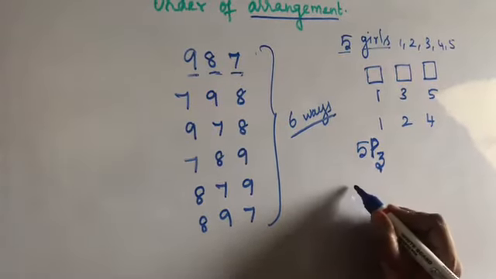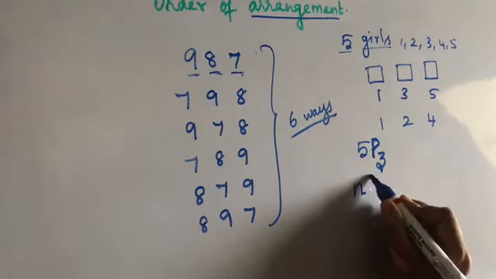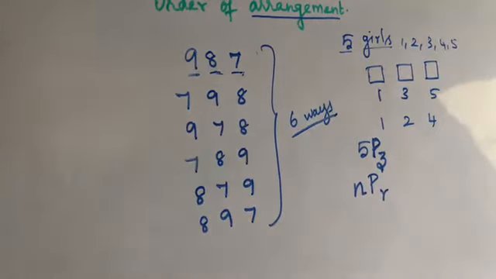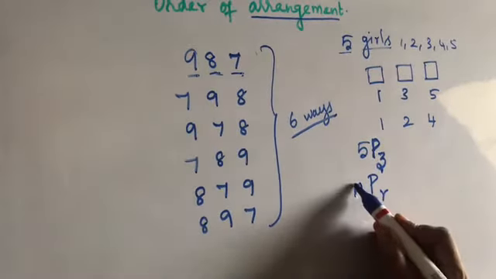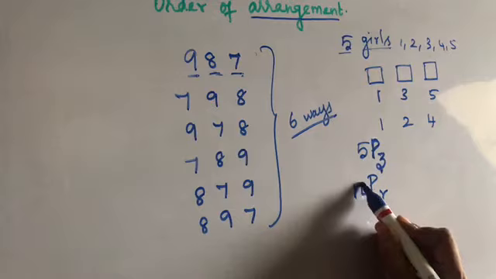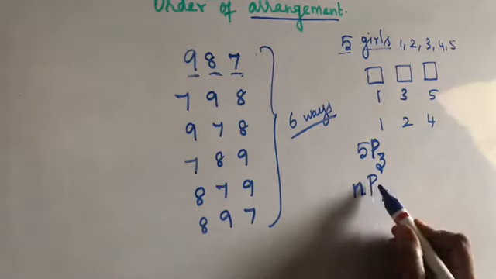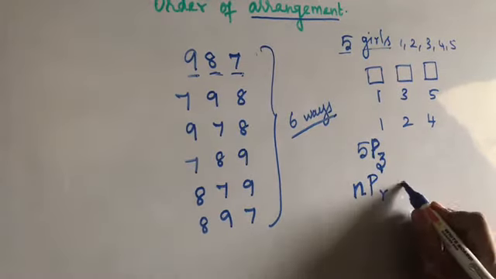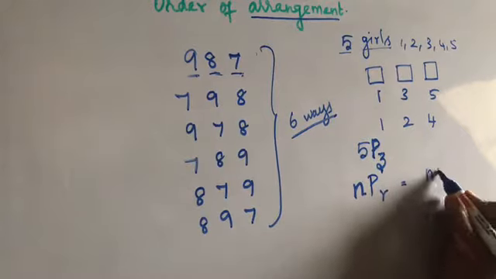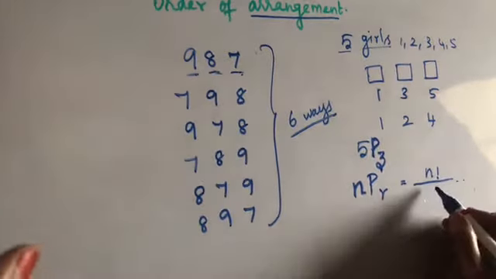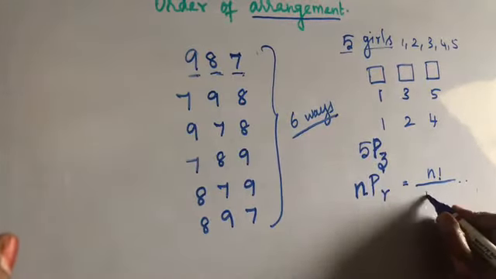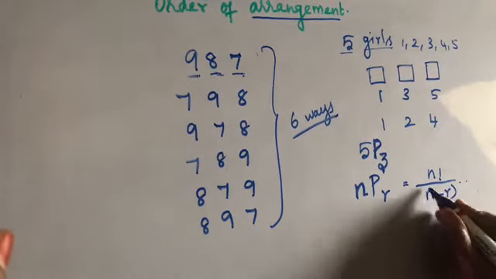In general, the formula is known as nPr. Okay, in general, we write the formula for permutation as nPr, which is equal to n factorial divided by (n minus r) factorial.